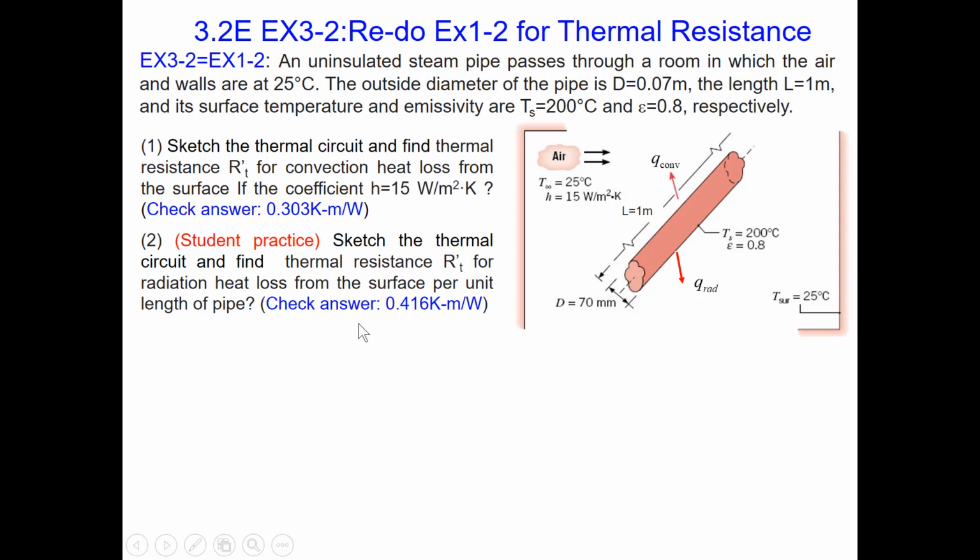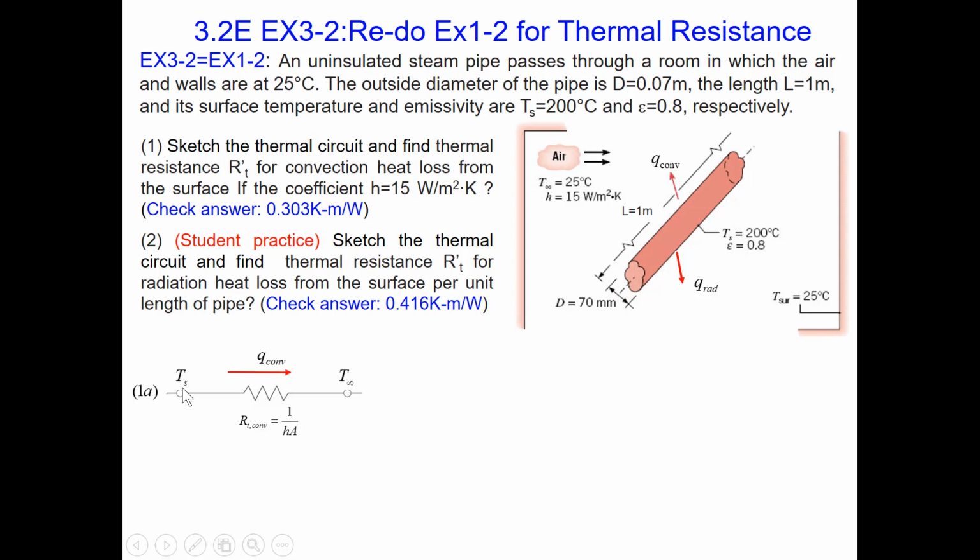Where do we start? We identify the heat transfer mode. We have a temperature difference between a solid surface and a moving fluid, then we have convection. We have a temperature difference between a solid surface and a large surrounding, so we have radiation. Then we can draw the thermal circuit.